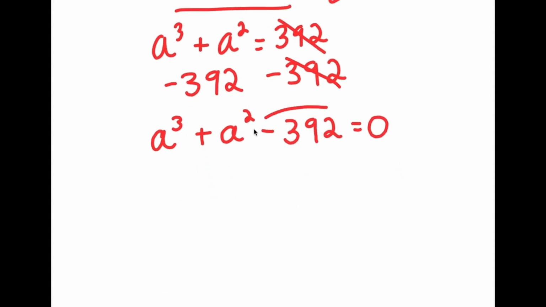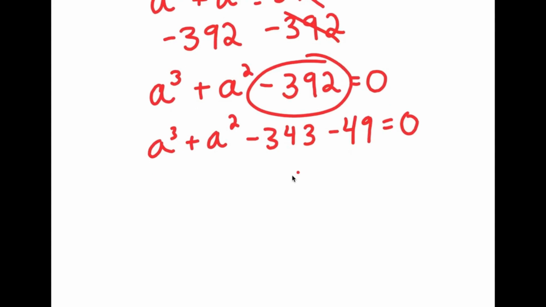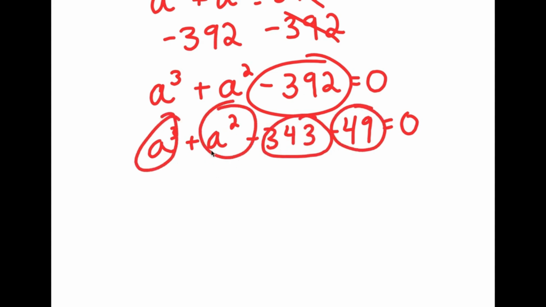Now from here, I can rewrite negative 392 as negative 343 minus 49. And the reason I did this was because 343 is something cubed, and 49 is something squared. And notice how we have something cubed, something squared. So I'm going to change the order of this.